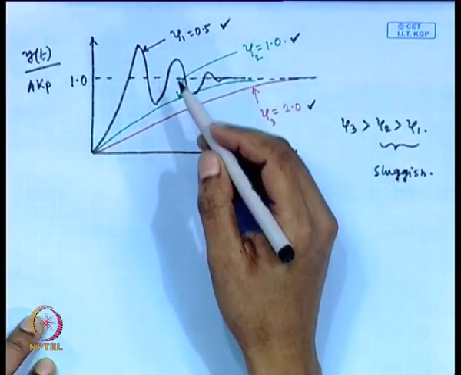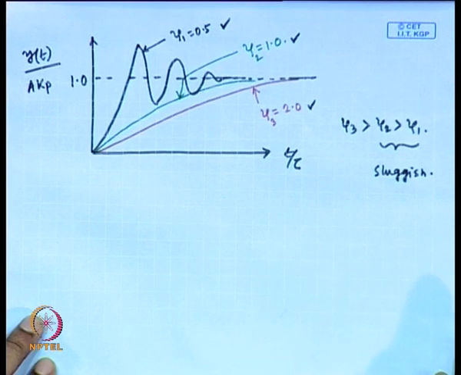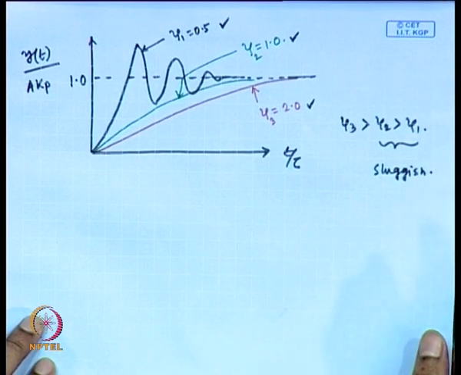If you reduce the value of zeta 1 below 0.5, you will get more oscillation. So, these are the responses of y in 3 different cases. Next, we will discuss the underdamped response in detail.